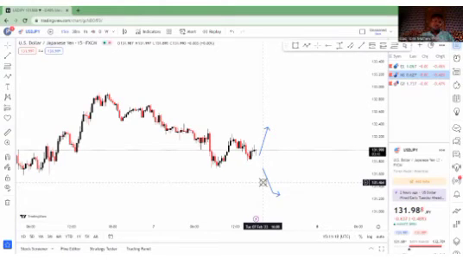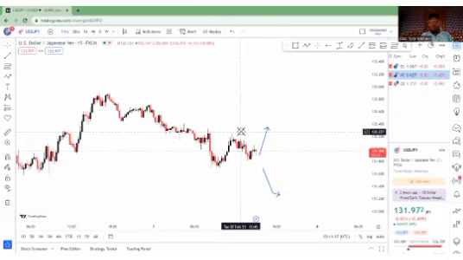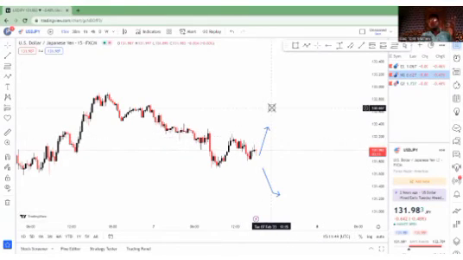The market must be in a selling condition before you place your buy limit. As it is now, the market is selling. Let's say you want your buy to be here. So you are going to place your buy limit here, and then your buy will get triggered.